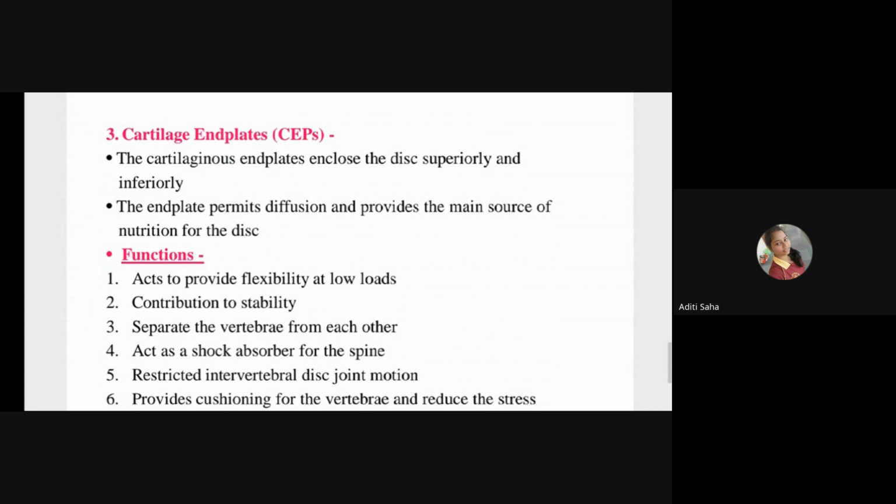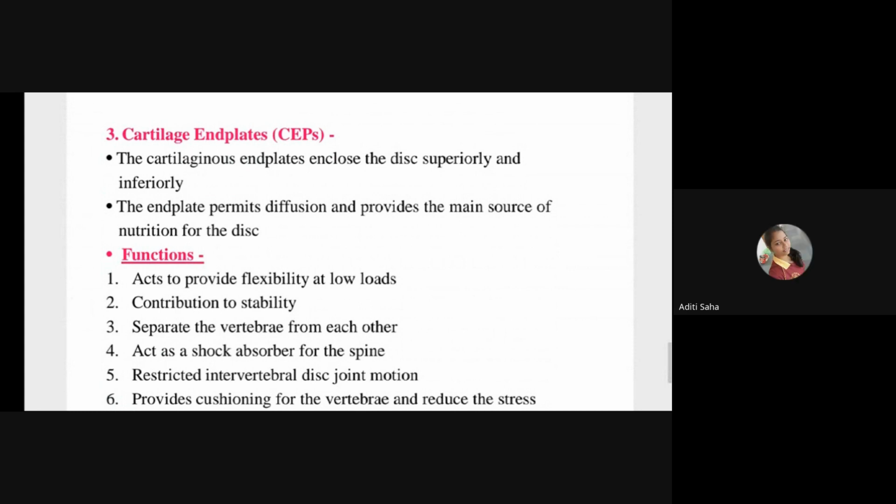Okay, so here you can see, it is very similar to which part of a cell? The features of the cartilage end plates are very similar to which part of a cell? Membrane. Yes, very good.